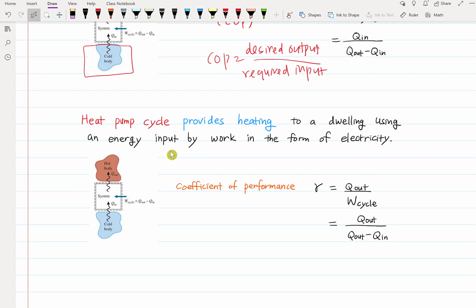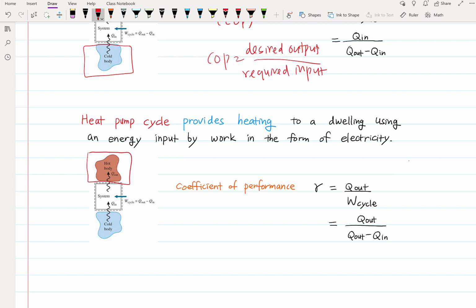The performance of a heat pump is the coefficient of performance denoted by gamma. So the desired output here is Q out. We are interested in this space, to provide heat. Move the heat from low temperature to high temperature.